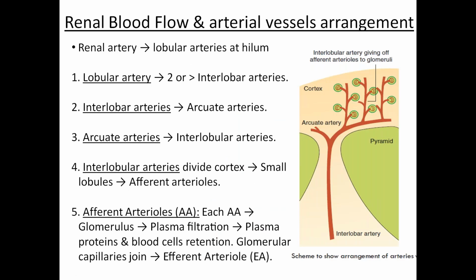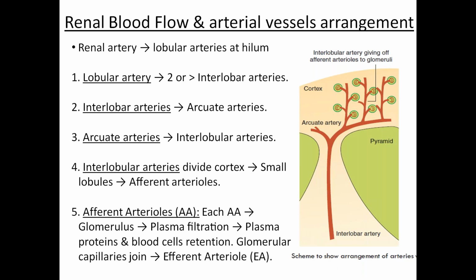Okay, so now let's go on to the renal blood flow and arterial vessel arrangement. So there is a renal artery which is present, one for each kidney. Okay, and it is a major branch from aorta.